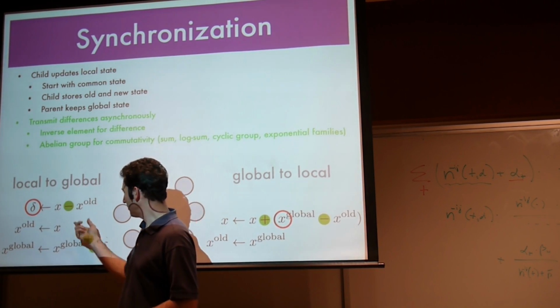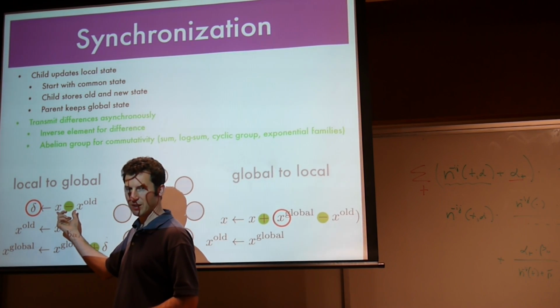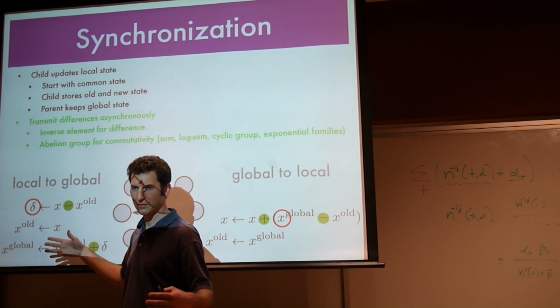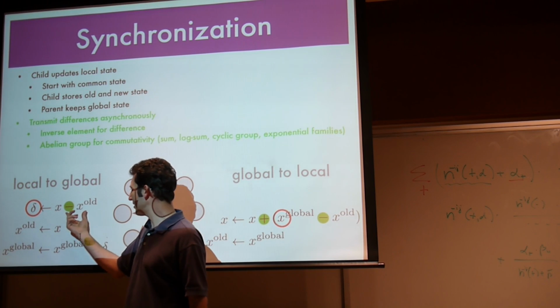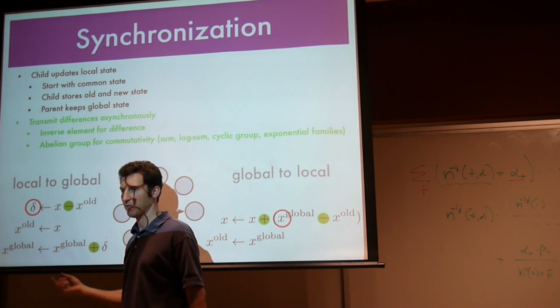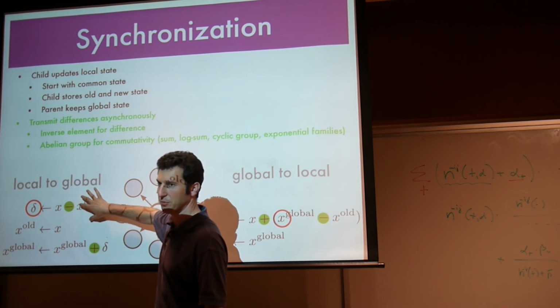The reason why we are transmitting diffs here is because the local changes tend to be smaller than the size of the global state. So what you need, therefore, is variables that admit taking differences. Basically, you need an inverse element here, so that requires a group structure at least.